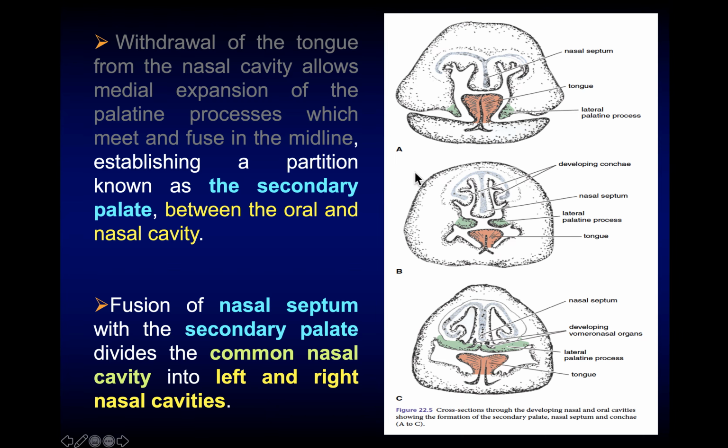This one will grow ventrally and ultimately will fuse with the hard palate, and this will result in the formation of the nasal septum and also in the formation of the hard palate, which separates the nasal cavity from the oral cavity.